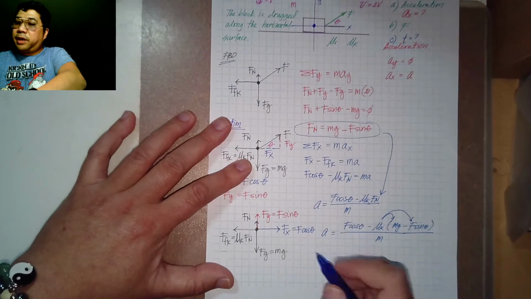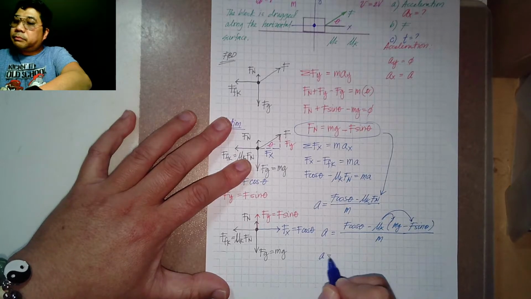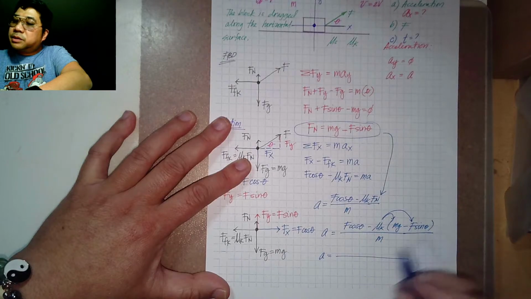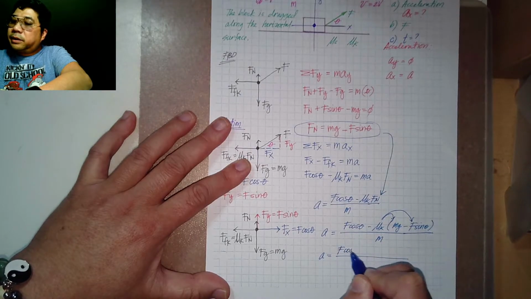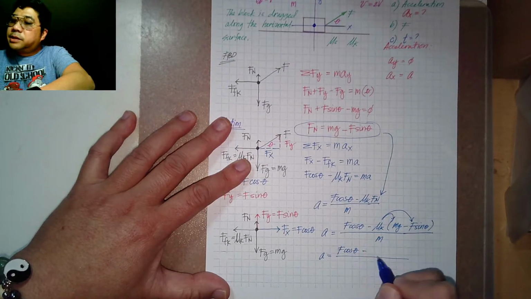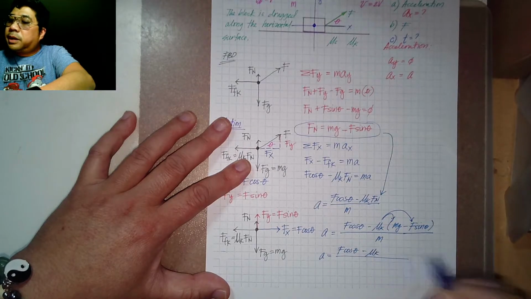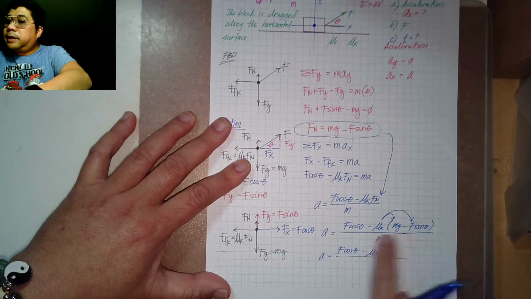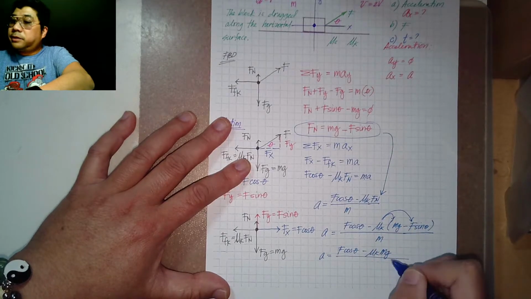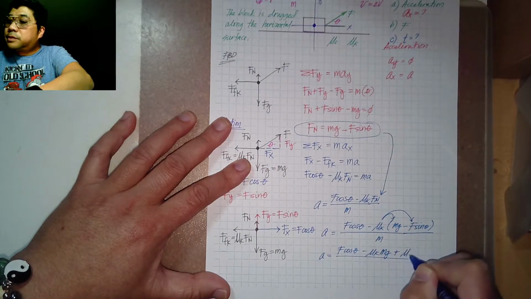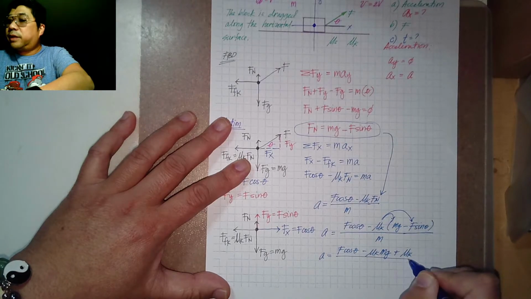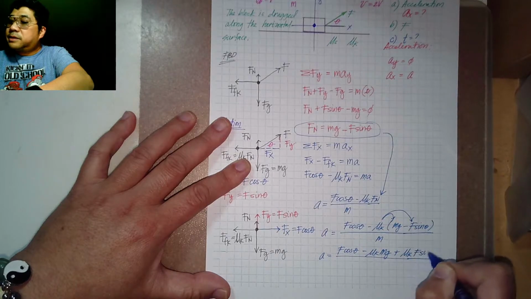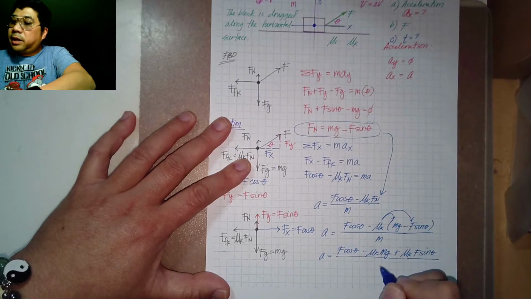So now we have a, which is F cosine theta minus mu k mg, and then negative times negative will give us positive mu sub k, the coefficient of kinetic friction, multiplied by F sine theta, all over m.